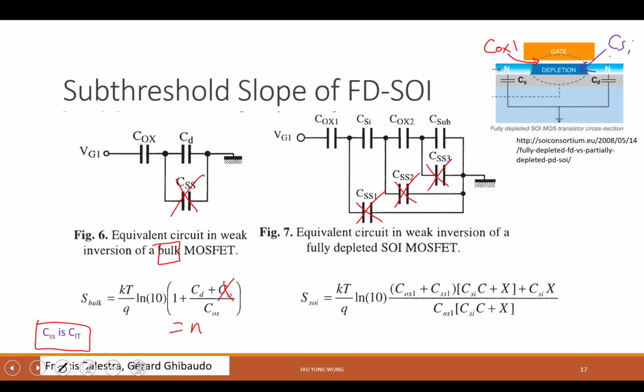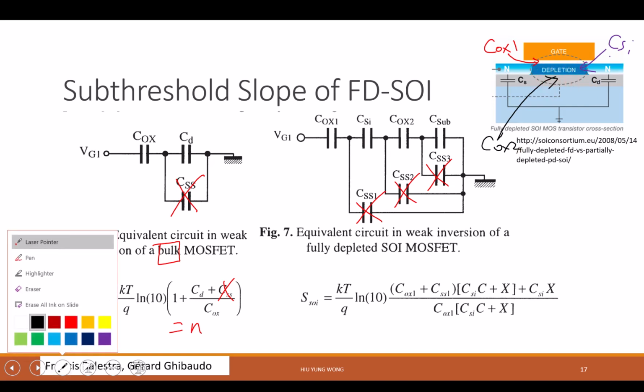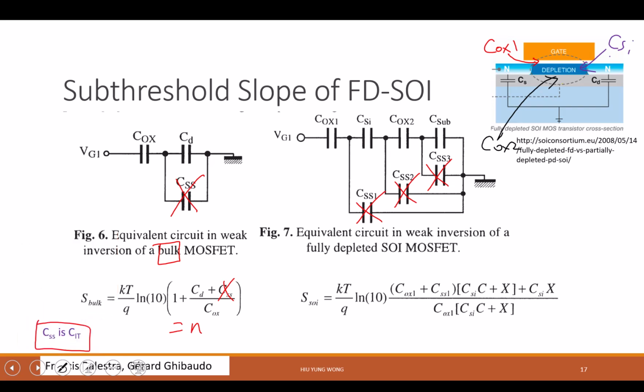After that, I have COX2, which is due to the buried oxide. SOI is here, this is the buried oxide. You might also have the substrate, which is not that important, but they show it here. Here, C sub, you might have some depletion, depending on the electrostatics.